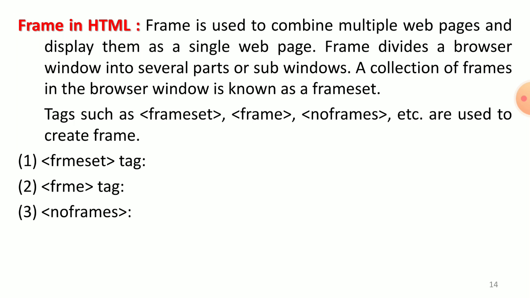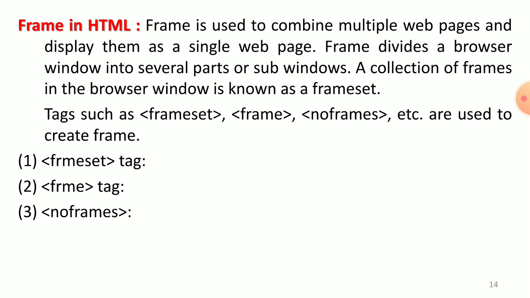This coding divides the browser window in three horizontal frames. The first frame occupies 20% of the browser window, the second frame 60%, and the third frame 20%. Cols attribute of the frameset tag divides the browser window in vertical parts.